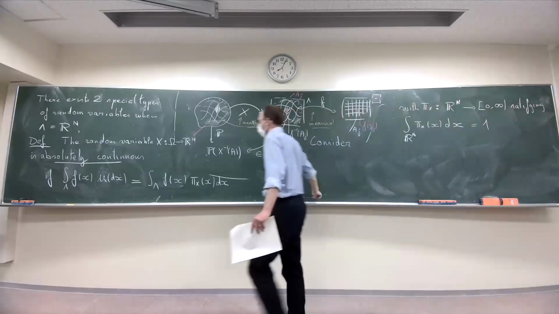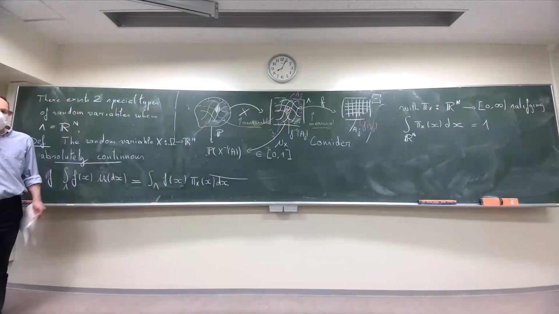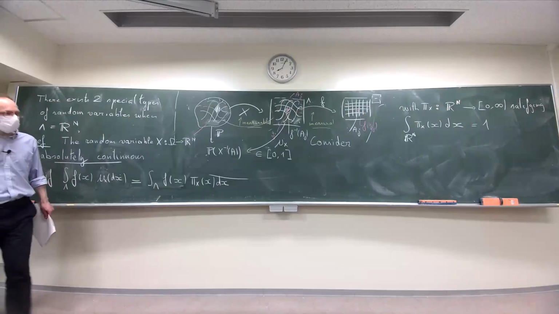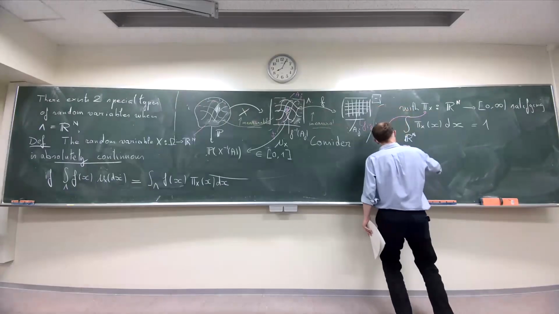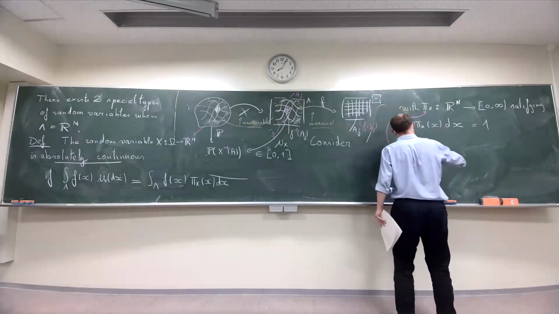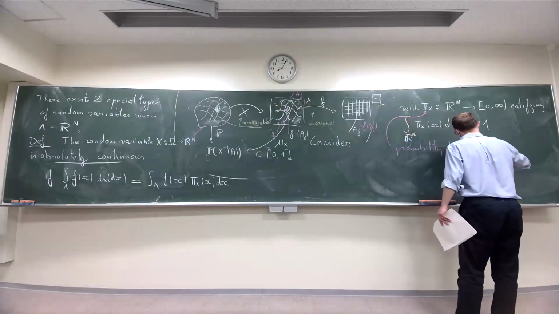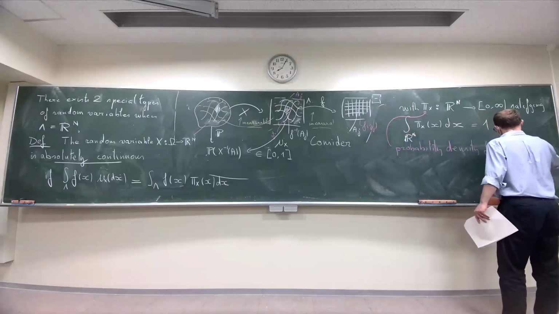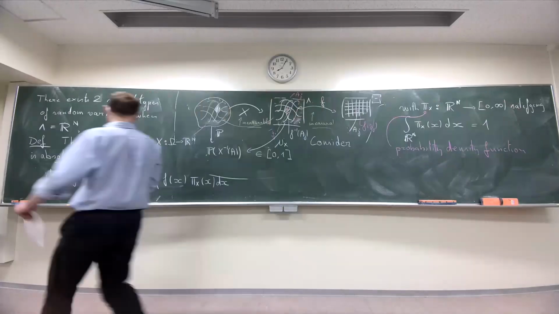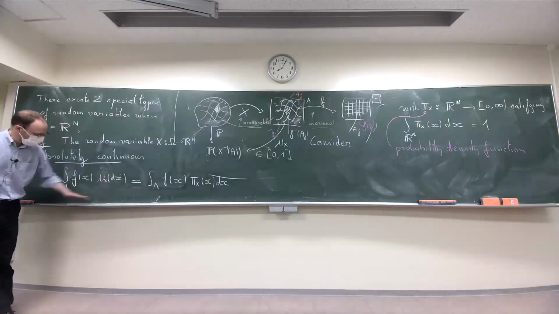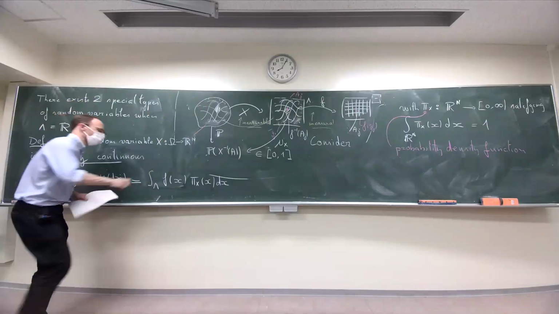And how is this pi x called? It's the probability density function. So I'm saying we call a random variable absolutely continuous if this complicated expression is given by a regular integral.